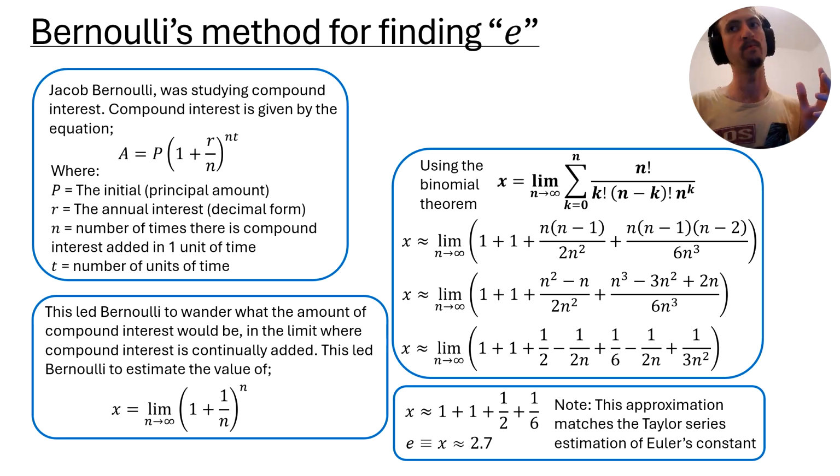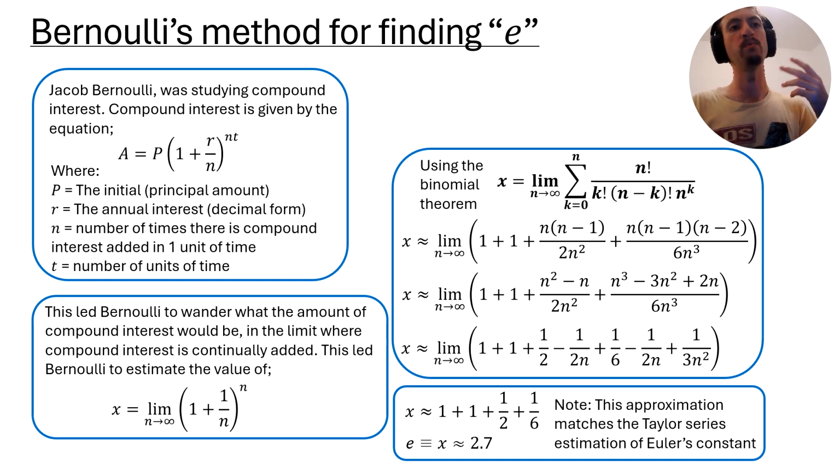Now, the compound interest increases as the amount in the account increases. So for compound interest, dy by dx will increase as y increases, and we might expect dy by dx to be in fact proportional to y.